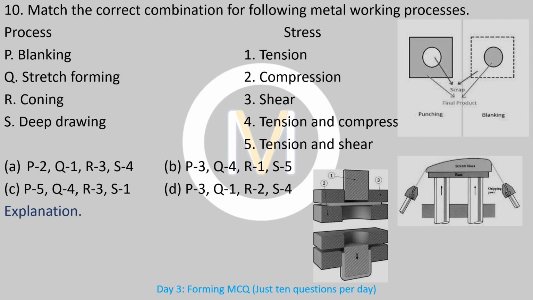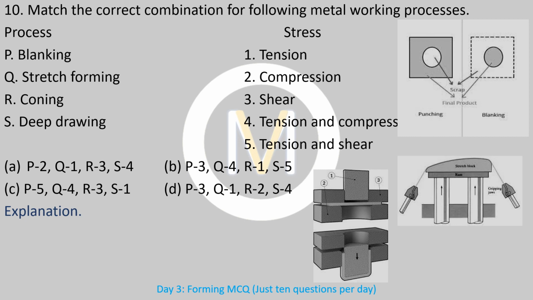Next is stretch forming. This type of gripping jaws is used for holding the metal piece, and this is a sheet of metal, not a wire. That sheet takes the shape of this die because of these forces. Next is coining. You have already seen coining, like pressing on both sides of the coin, which will engrave on both sides, Ashok Chakra and so on.